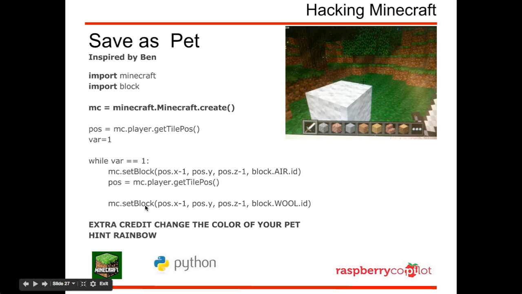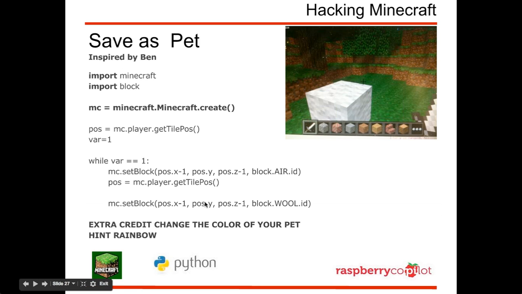Then we can go ahead and set a block, and we break the position into the X, the Y, and the Z. So we're going to set a block. What this statement means is wherever the player is on the X axis, put the block there, but one to the left of the player.